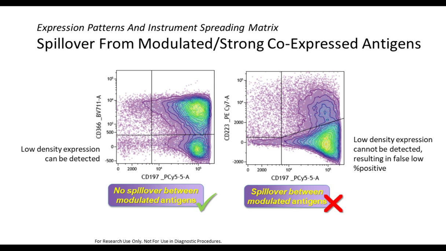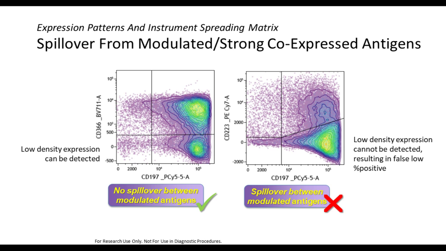What we see here, the plots on the left and on the right, are taken from the same data set. Actually, we are looking at exactly the same T cells here, and we look at the expression of CCR7 on the y-axis, CD197, and we have co-expressed checkpoint markers here, and all of these antigens have a modulated expression profile. On the left, we have made sure that the dyes that we are using to detect those antigens do not cause spillover spreading in each other's detectors.